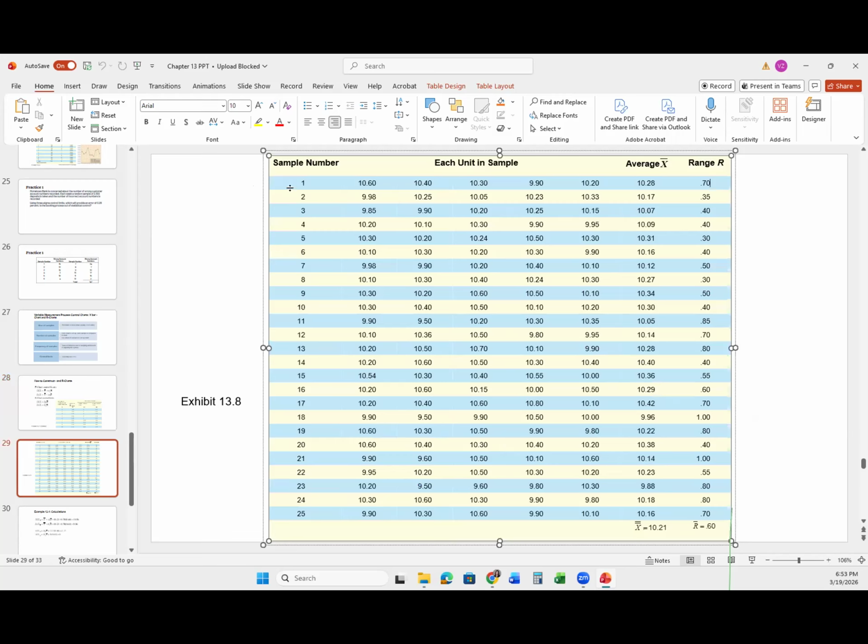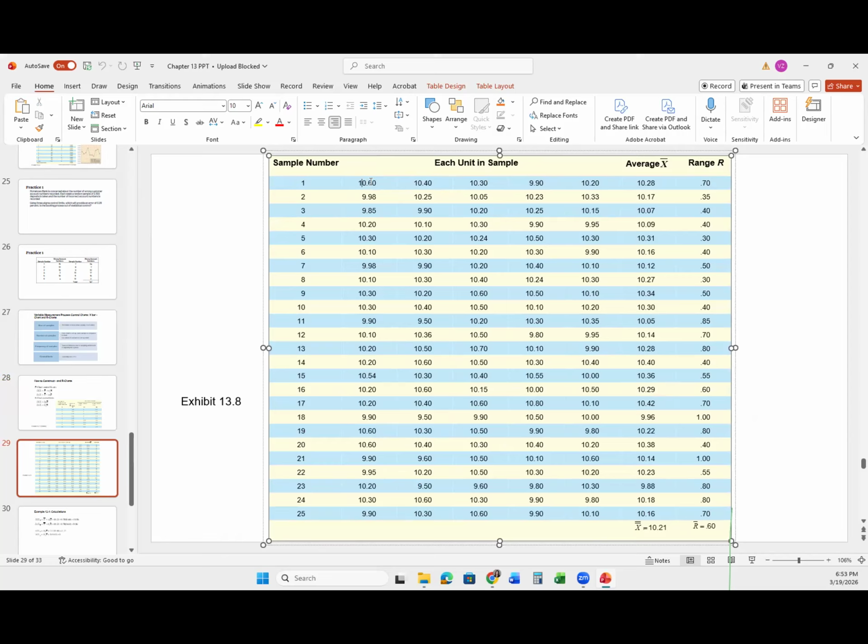For sample 1, we have 5 units: unit 1 is 10.6, unit 2 is 10.4, then 10.3, 9.9, and 10.20. So for the range of sample 1, we use the largest number, which is 10.6, minus the smallest one, which is 9.90.